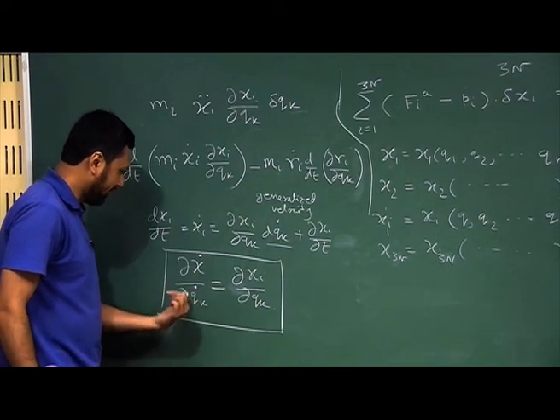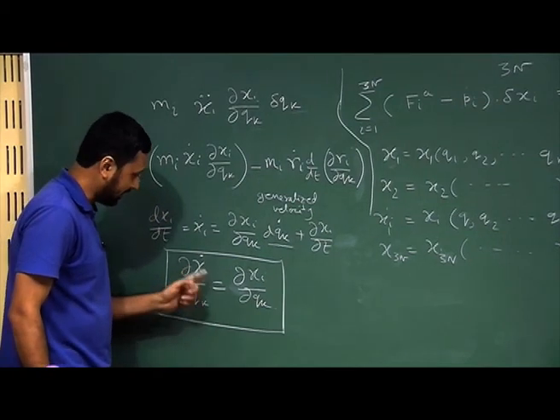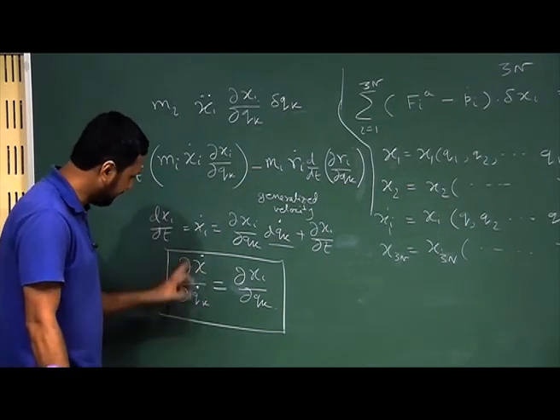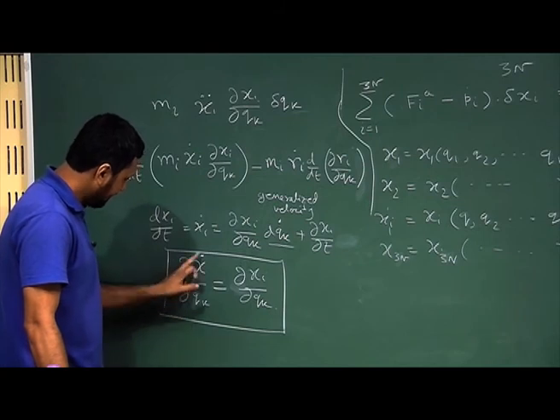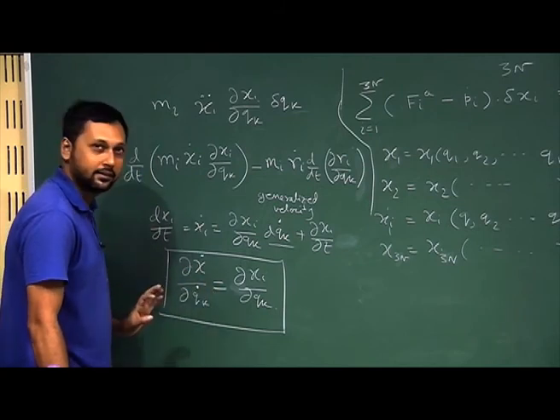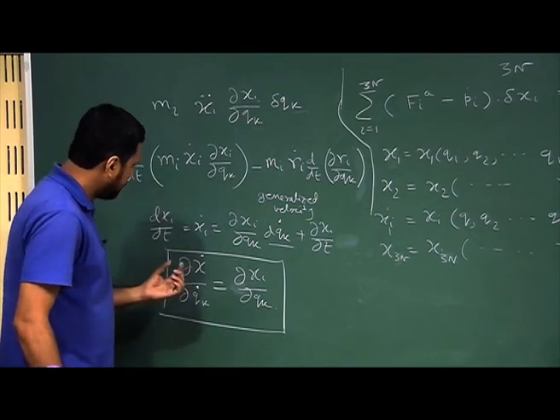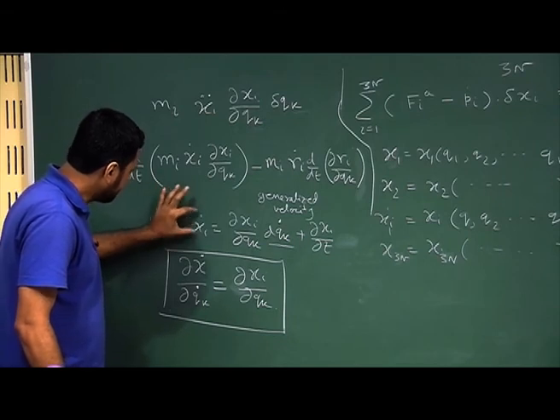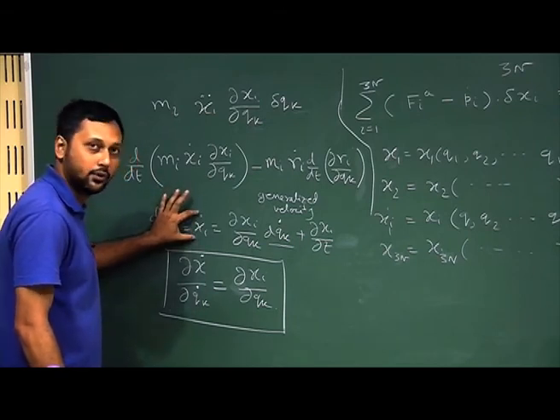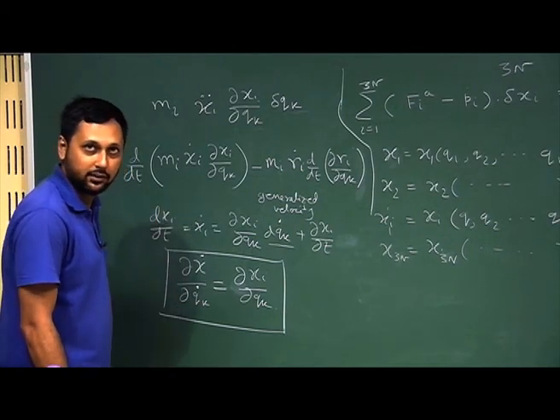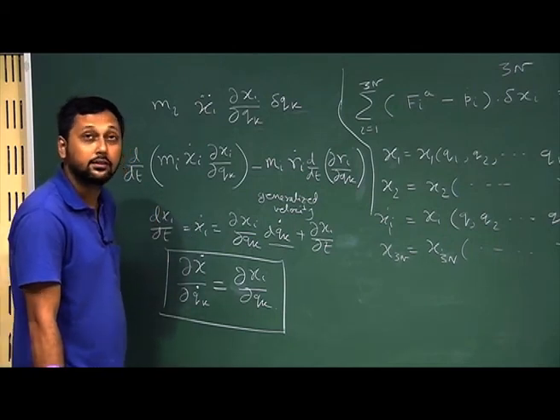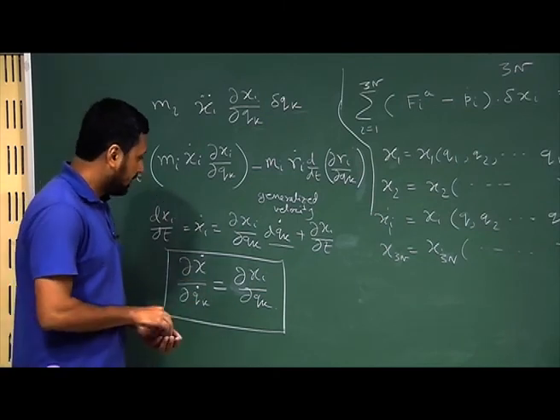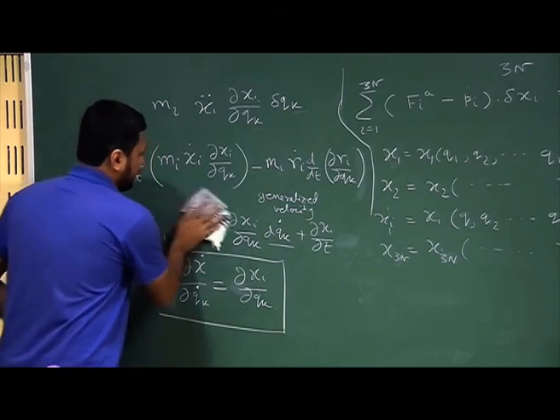It is as if we are dividing two quantities and the dots are getting cancelled. Strictly speaking it is not that, but it is easy to remember this way. It is true for any other parameter; here we are taking the time derivative of a Cartesian coordinate, but even for a constraint condition that is a function of velocity, we can do the same treatment. We will use this relation later on.